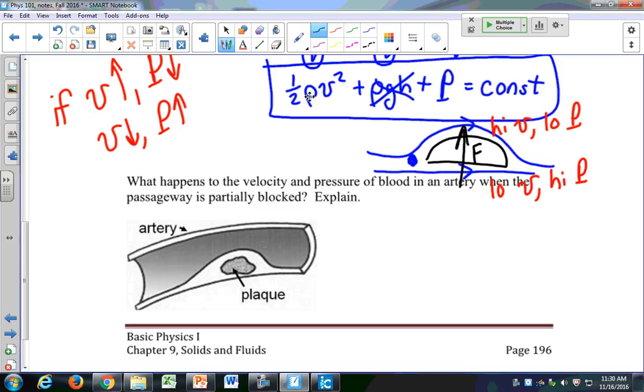All right? You ever thought what happens to the pressure in an artery when I get a bunch of buildup here? What happens to the pressure in that artery? Does it increase or decrease or stay the same? Let's do it as a quick question, okay? So does the pressure in the artery right here, does the pressure A increase, B decrease, or C stay the same?